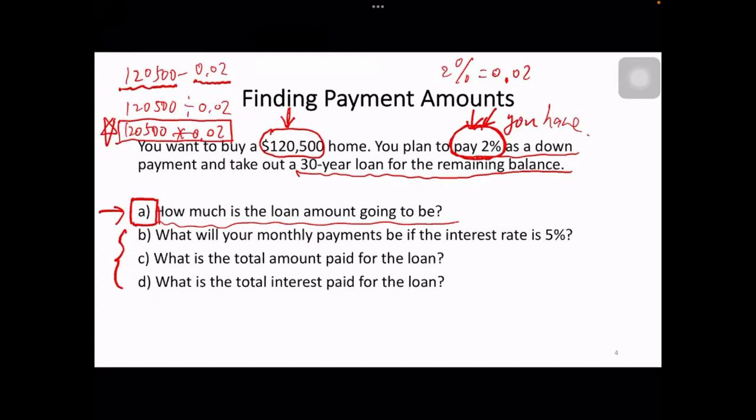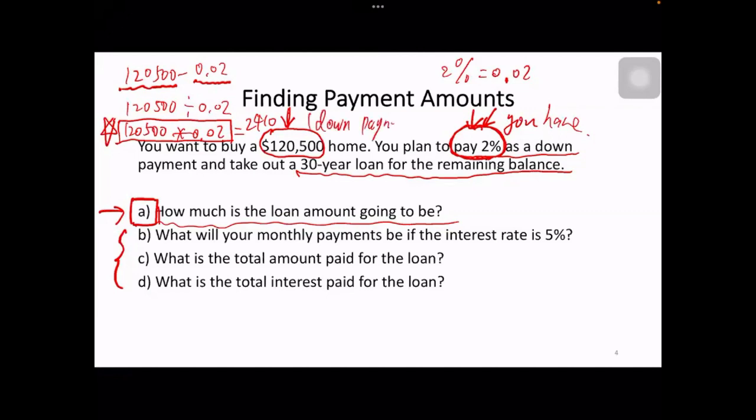This is the money you have. So we use 120,500 multiplied by 0.02. That will give us 2,410. Is that right? $2,410. That is the money you already have. You don't need to borrow. This is the down payment.